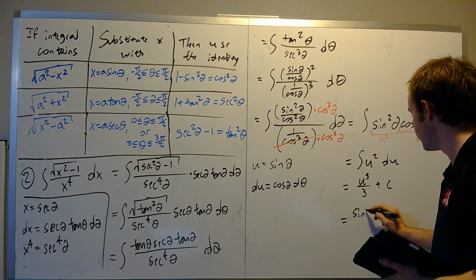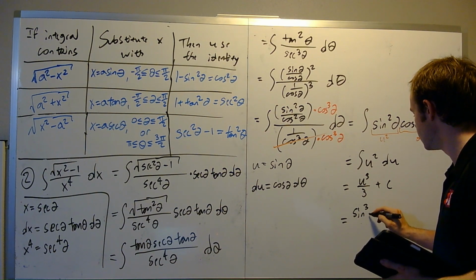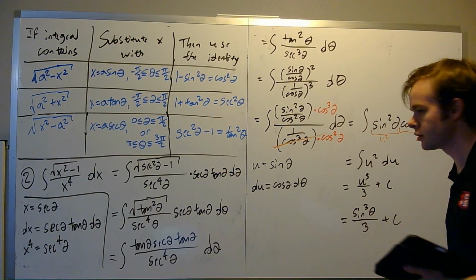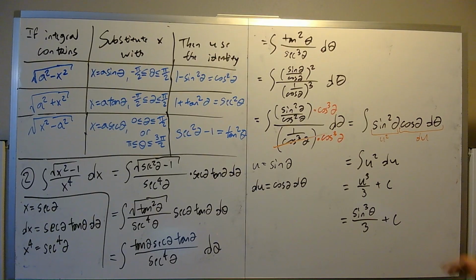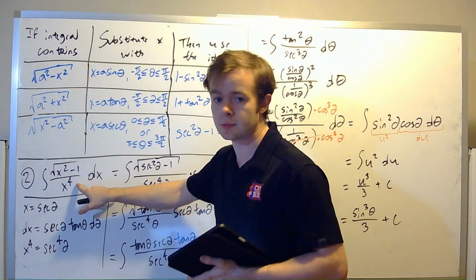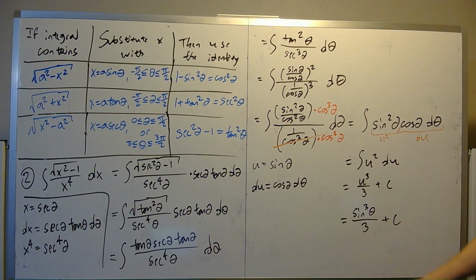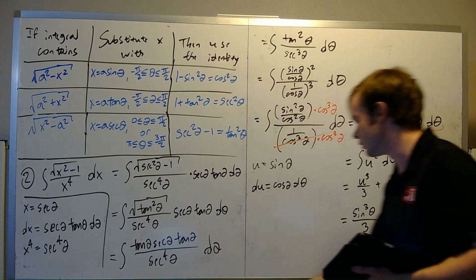So we get sine cubed of theta over 3 plus a constant c. Okay, and that looks like our final answer, but again, this is in terms of theta. Our original thing was in terms of x, so we've got to rewrite this sine theta with something in terms of x. And again, we're going to use that triangle to help us do that.